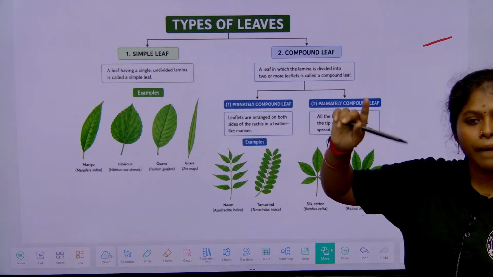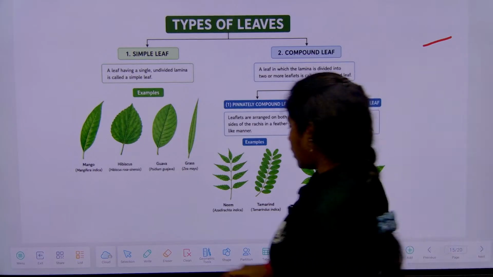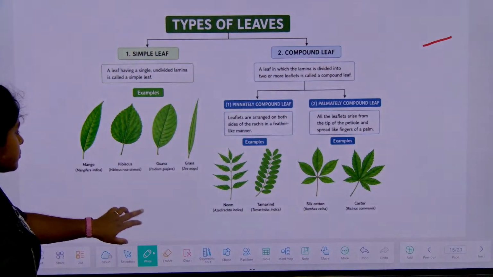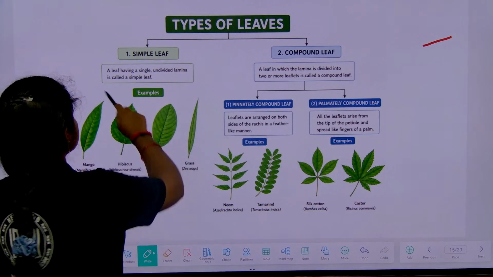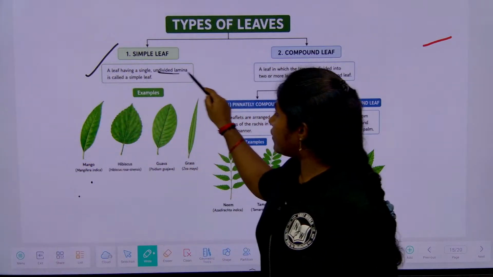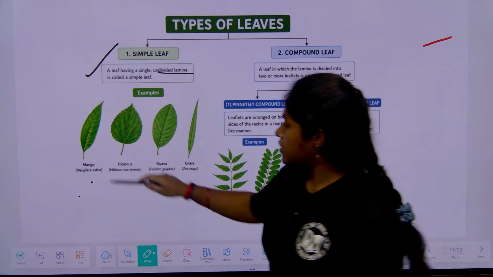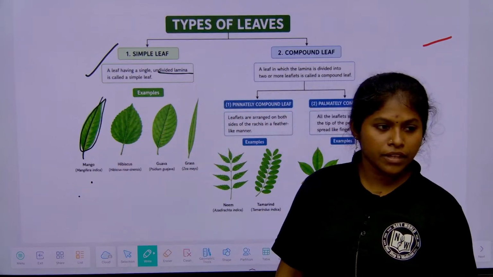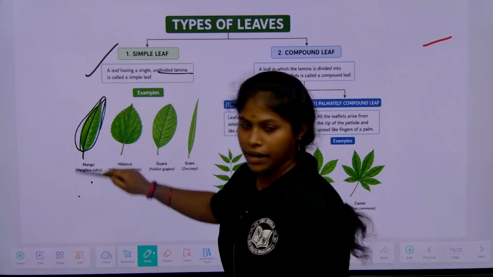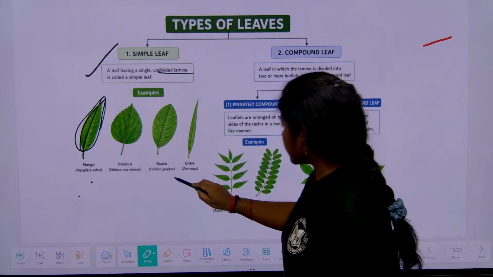See, this has a single leaf and undivided lamina. Here the leaf is completely occupying, the leaf has a complete lamina. So some leaves will be like this.